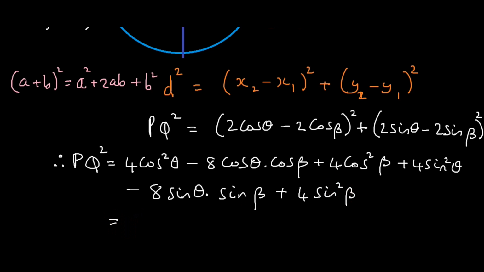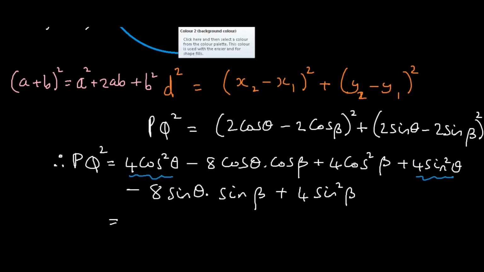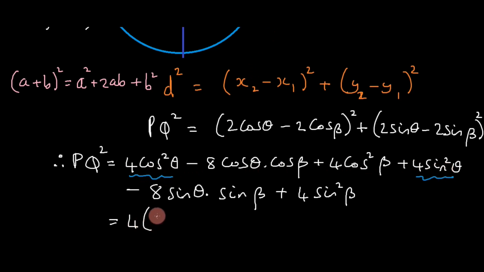Let's simplify this. So if you look at this, 4 cos squared theta plus 4 sine squared theta, we can write as 4 into cos squared theta plus sine squared theta.